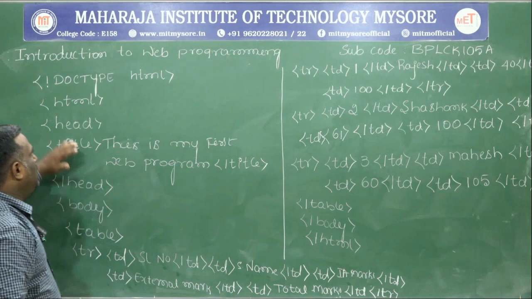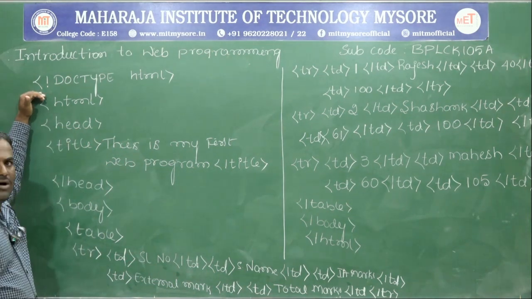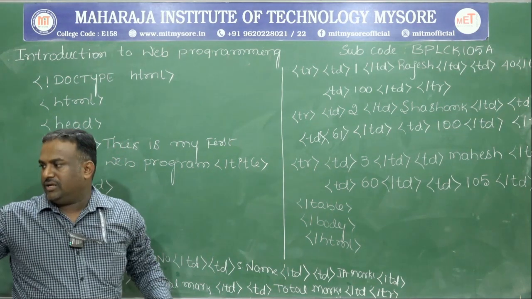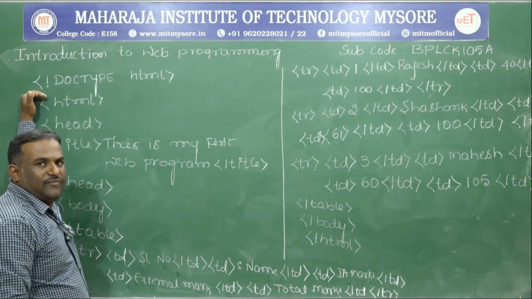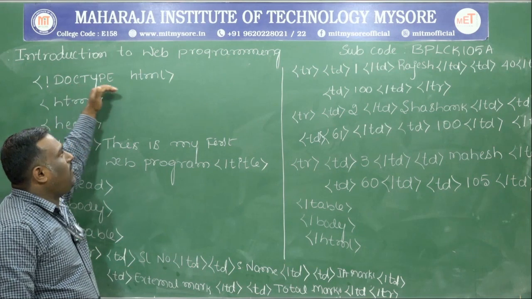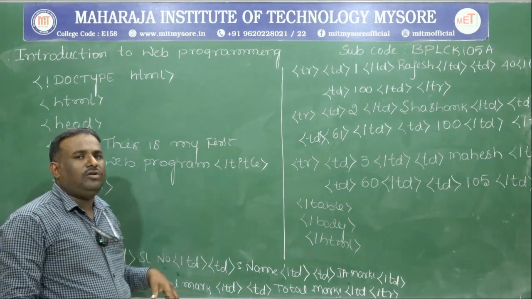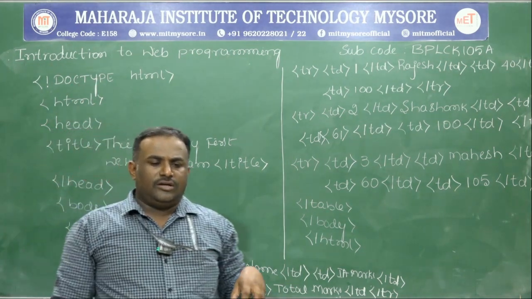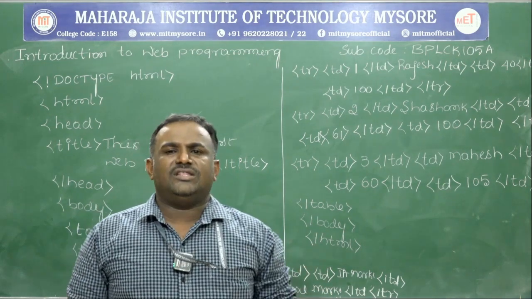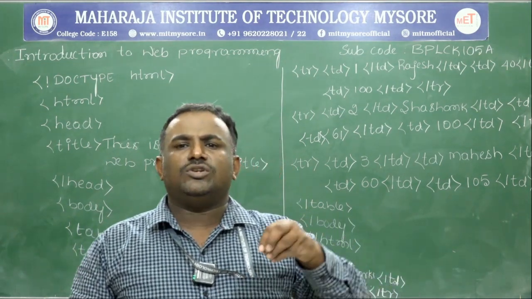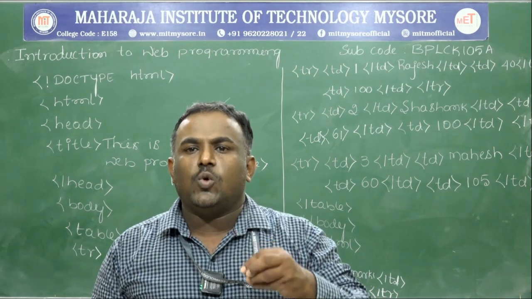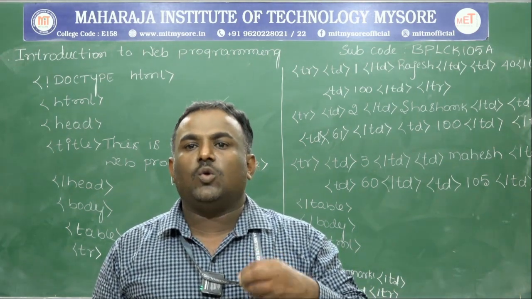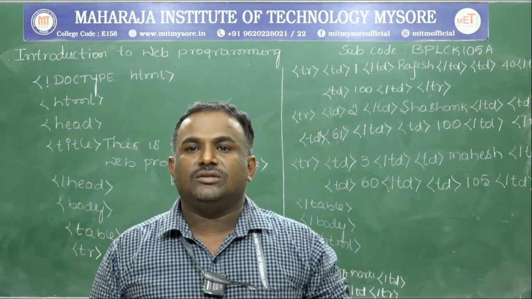Now I am going to explain how the program will be executed. The first element is doctype HTML. The doctype HTML element specifies which version of HTML you are going to write.